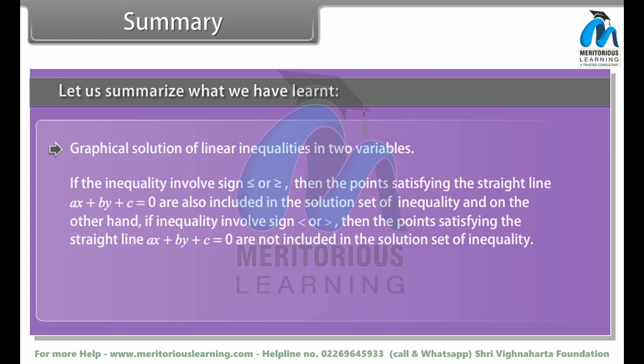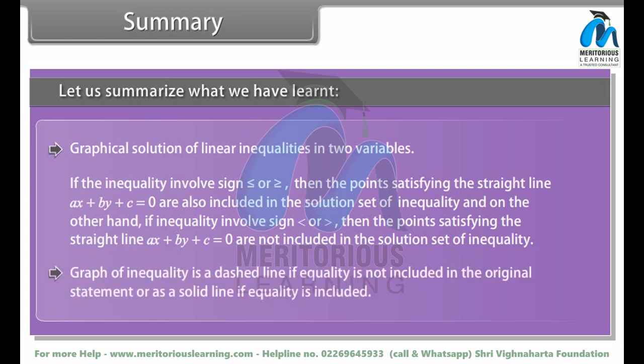On the other hand, if the inequality involves the sign less than or greater than, then those points are not included in the solution set. The graph of an inequality is a dashed line if equality is not included in the original statement, or a solid line if equality is included.